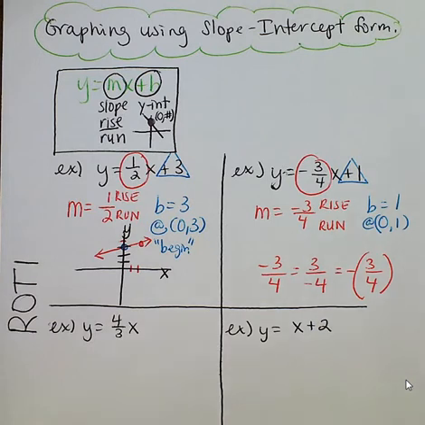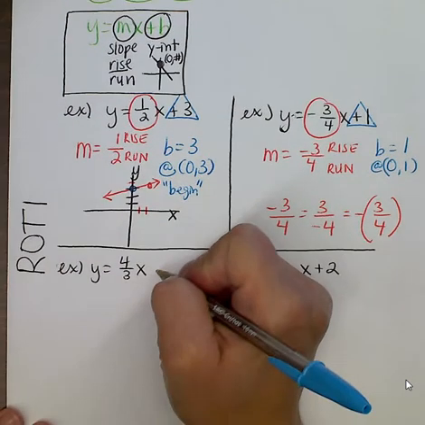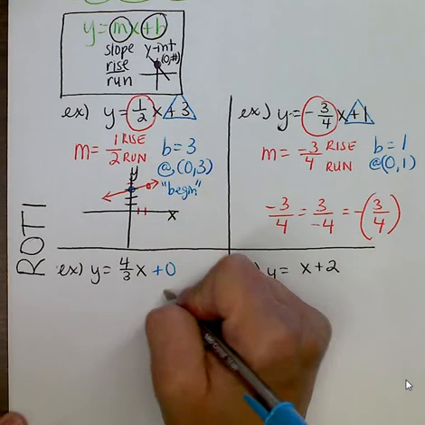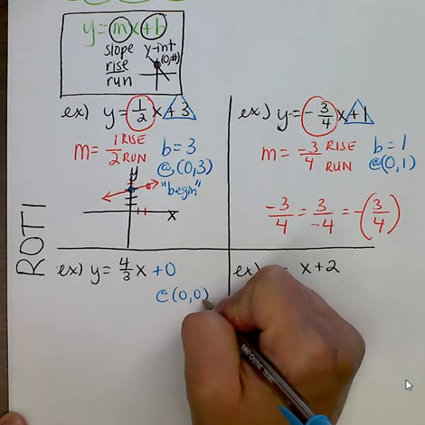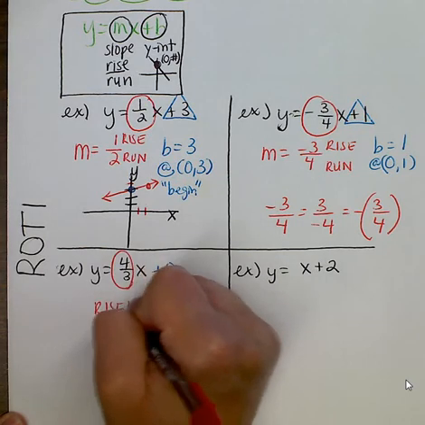Got to be careful with the next one because our y-intercept is actually at the origin. Our slope is going to be up 4/3.